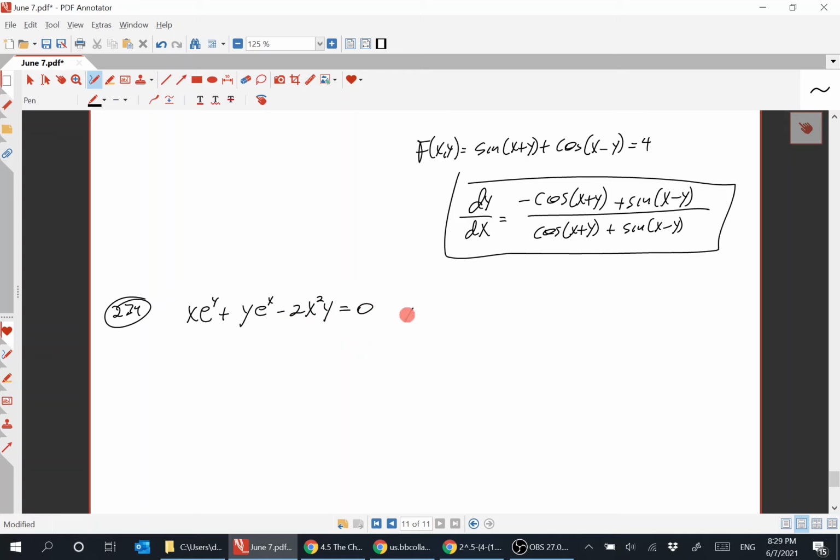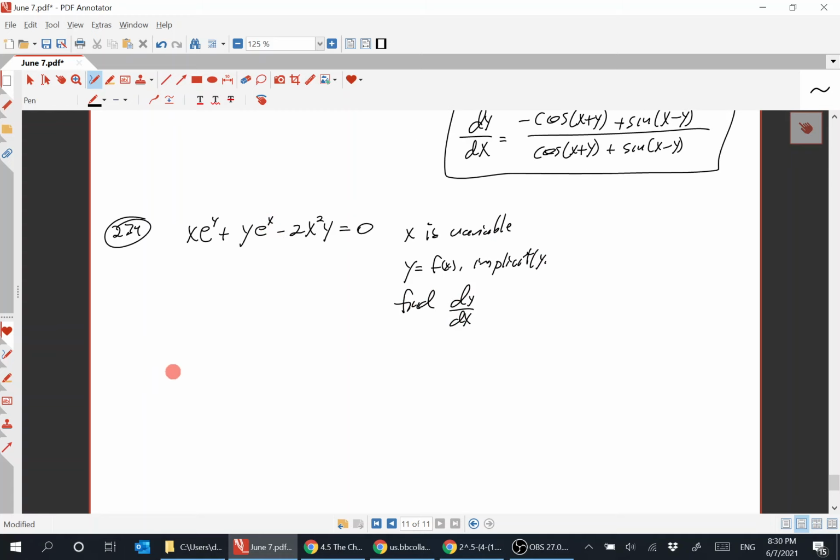So x is the variable, and y equals f of x implicitly. Find dy/dx. So just using that bit from before, dy/dx is equal to minus partial f partial x over partial f partial y, where f is just that two variable function set equal to a constant.